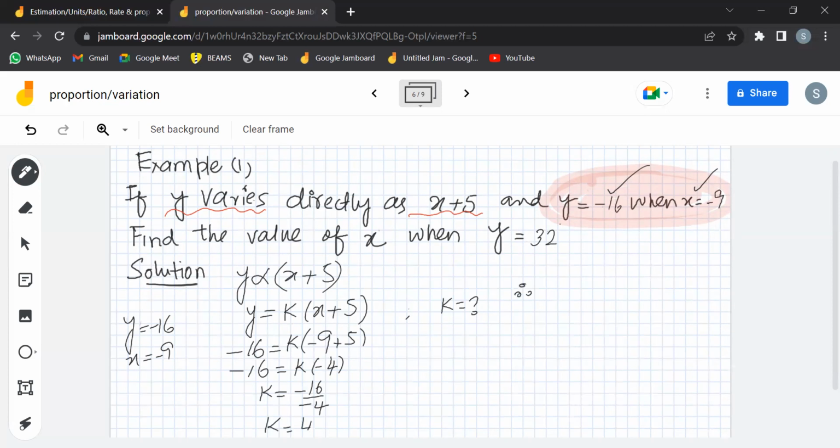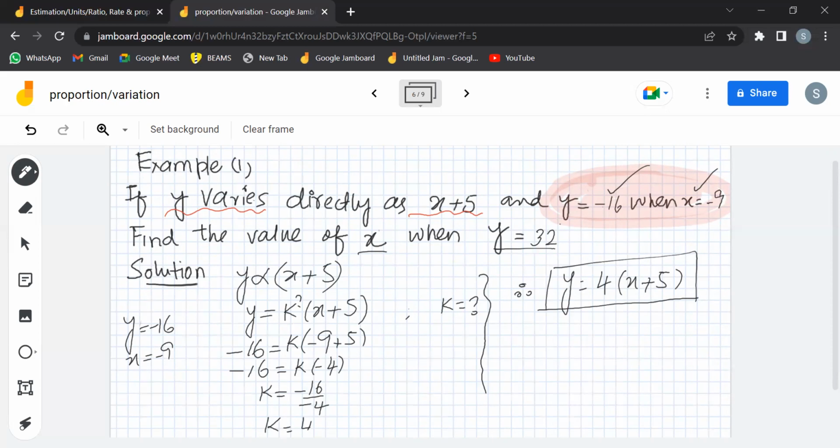And therefore the formula is y is equal to, this k was unknown, and this is the constant of proportionality. Then 4 into x plus 5 is the formula for this problem. This formula can be used to find x if y is given, and if x is given, you can find the value of y.